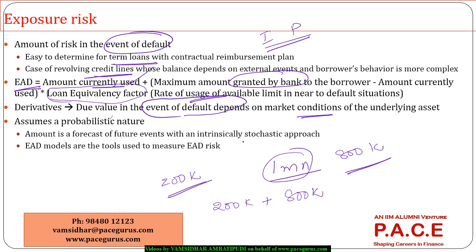So there is an assumption regarding a probabilistic nature, where the amount is a forecast of future events, how much amount is at risk. It's a forecast of future events with an intrinsically stochastic approach. We build some kind of a stochastic model to model the amount for the future events, and various kinds of exposure at default models are used to measure the EAD risk.